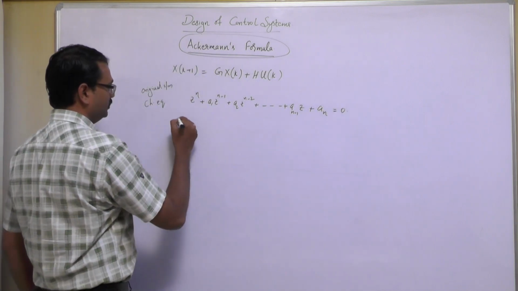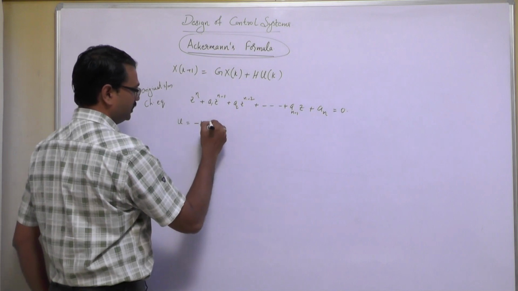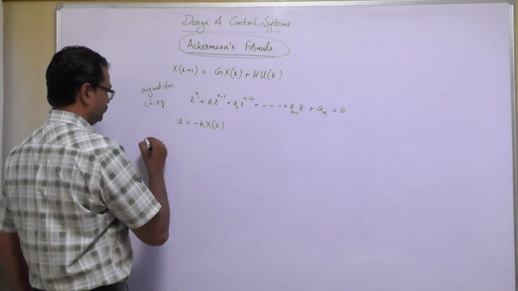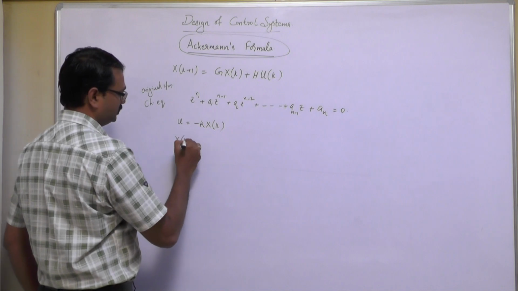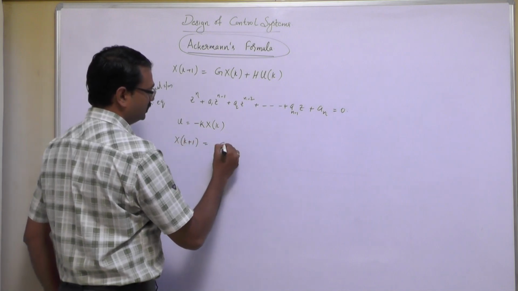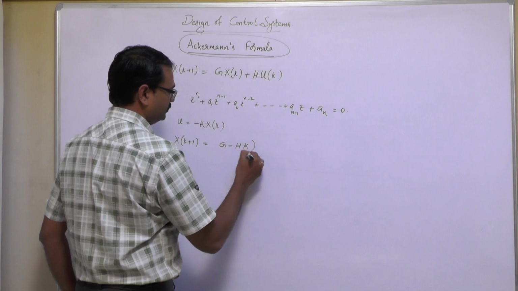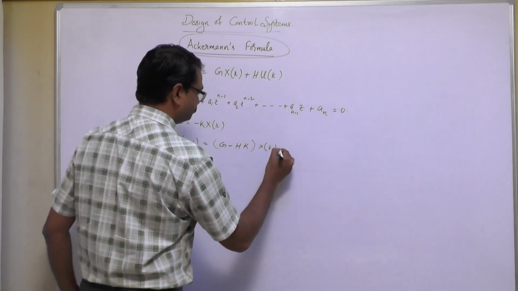And now when you are applying minus K x of k, what is the equation that you are going to get? X of k plus 1 is G minus HK into x of k.